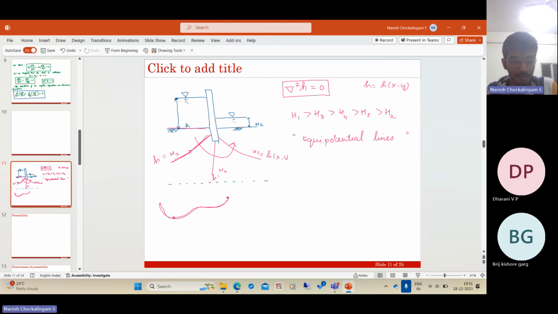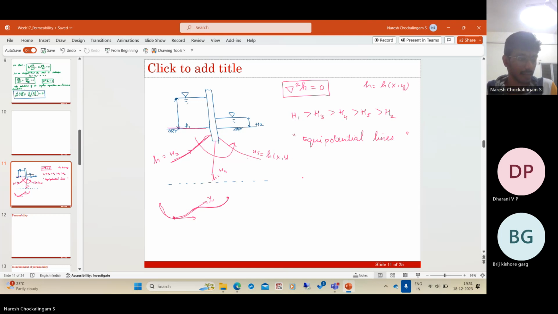The tangent to this curve at every point gives the velocity vector. Suppose this is the path taken by water, then you draw a tangent to that path. What do you get? You get the velocity.